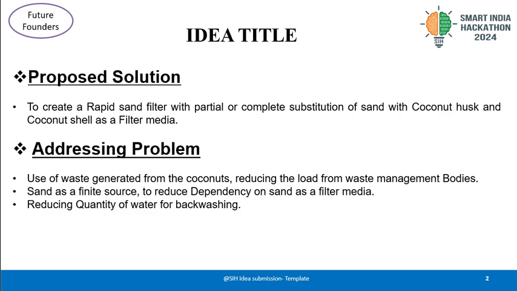And third one is reducing the quantity of water for backwashing. The backwashing process in a rapid sand filter usually requires 10 to 15% of the total treated water of the treatment plant, and therefore a huge amount of water gets wasted. So by using the coconut husk, we can actually reduce the water required for backwashing.